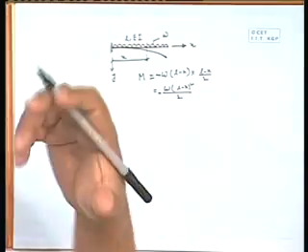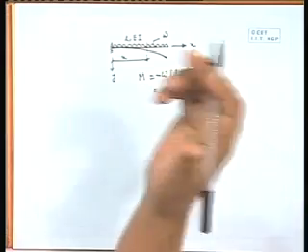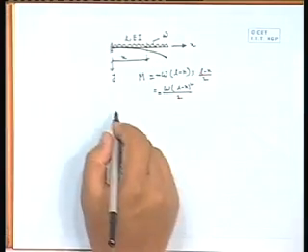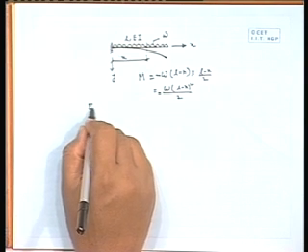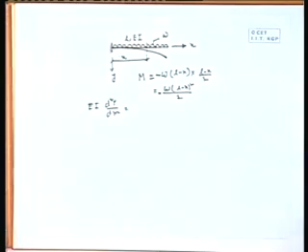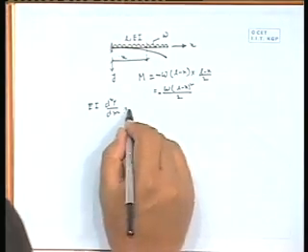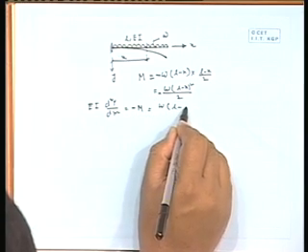Once that expression is ready, we can use the moment curvature relationship. There we directly put the moment expression. So, there it will be E I d2y by dx square equal to minus M, and we can put here omega L minus x whole square divided by 2.